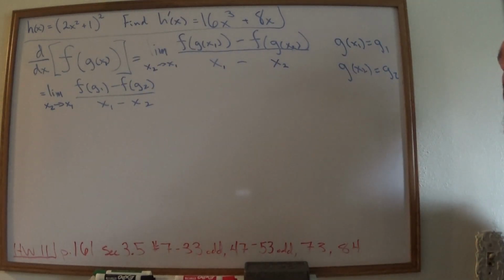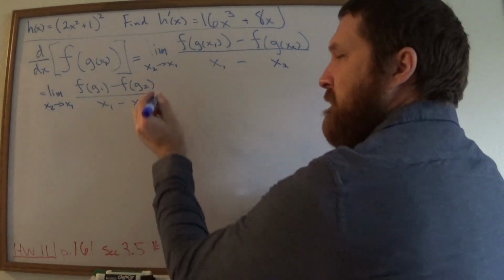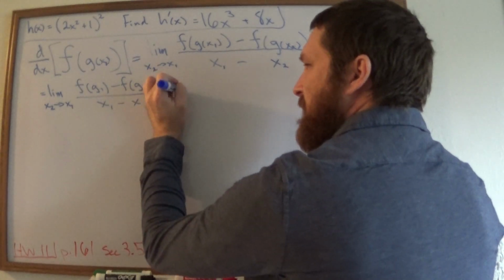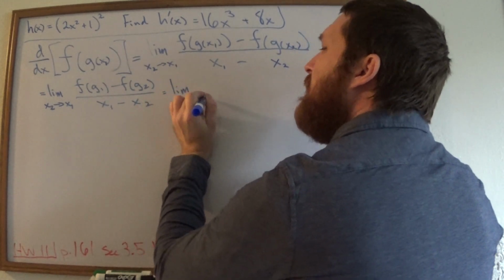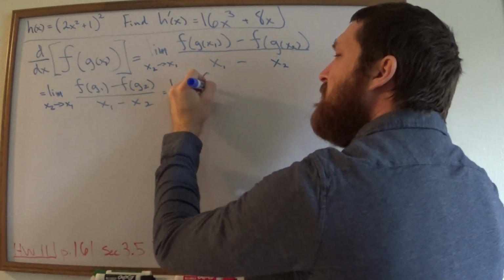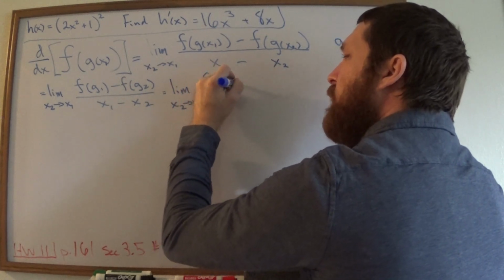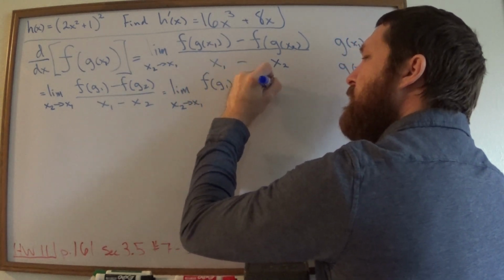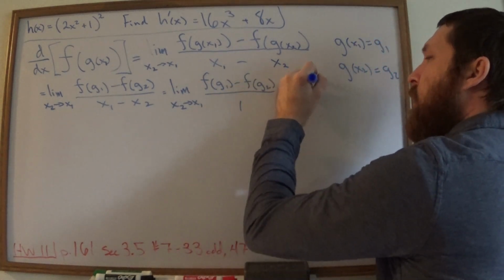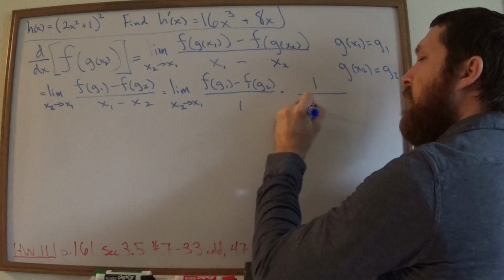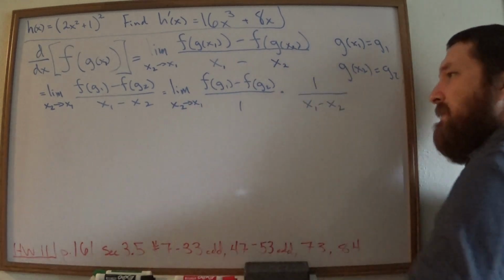Yes? And that is the derivative at x1. Okay, check this out. I want to ask you, is this the same thing as f of g1 minus f of g2 over g1 minus g2, times g1 minus g2 over x1 minus x2? Is that the same thing?